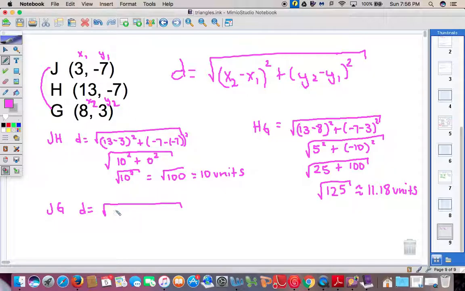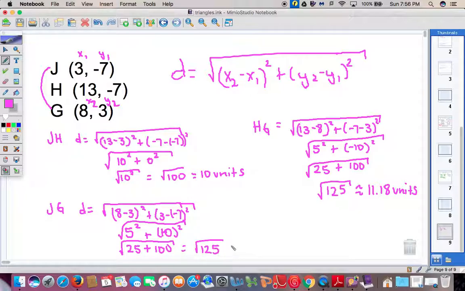So I've got 8 minus 3 squared plus 3 minus -7 squared. 8 minus 3 is 5 squared, plus 3 minus -7 is 10 squared. So this is going to be 25 plus 100, or the square root of 125, which again is approximately 11.18 units.